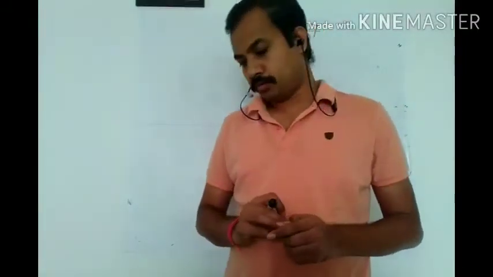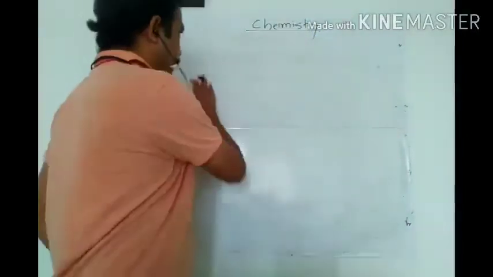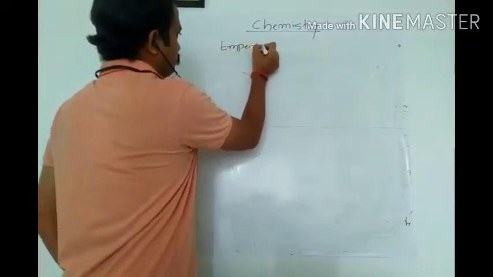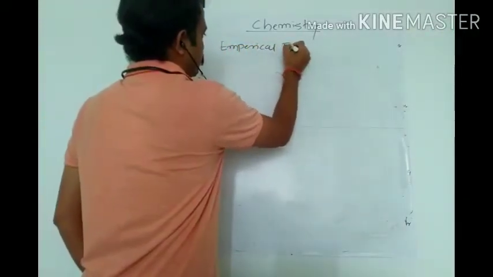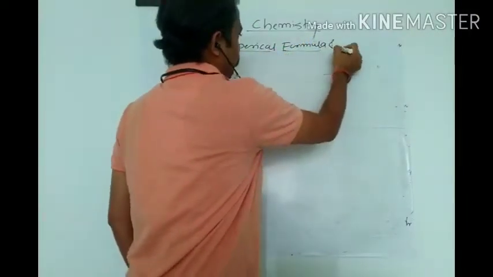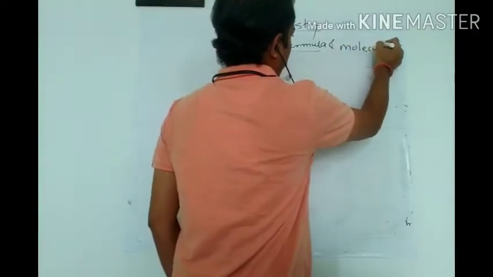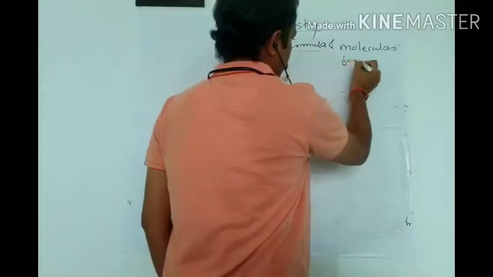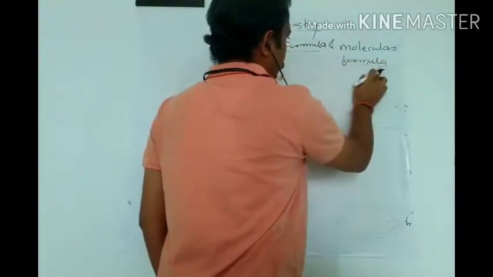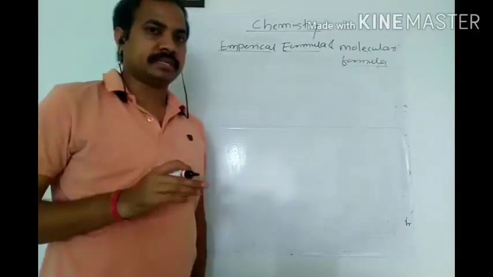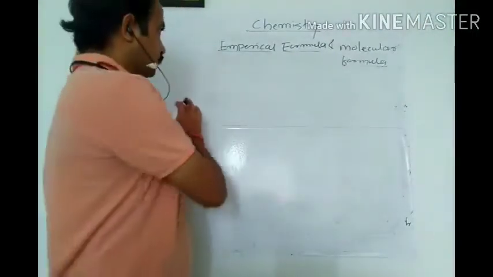So the question is like this: the molecular mass of an organic compound is 78. We have to find the empirical formula and the molecular formula. In the last session I gave one example which contained variables, but in today's session we are going to discuss one practical example.